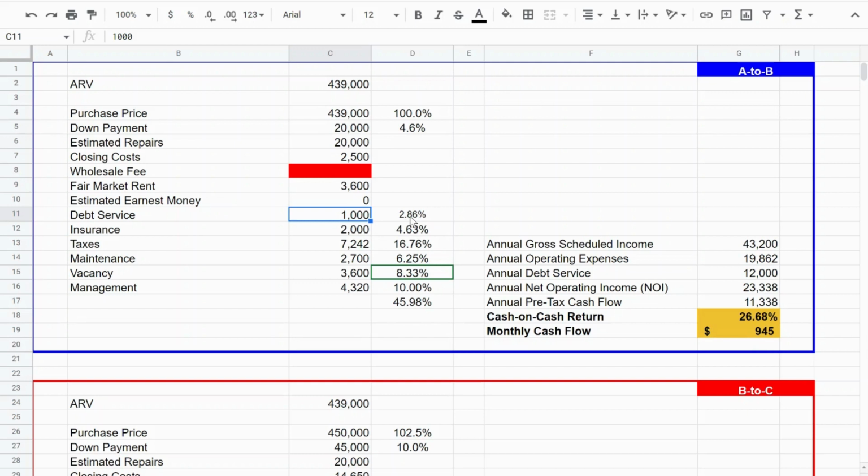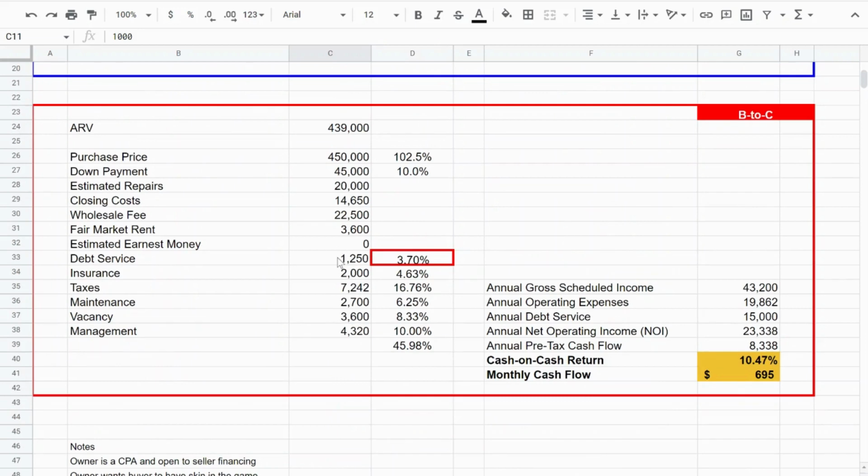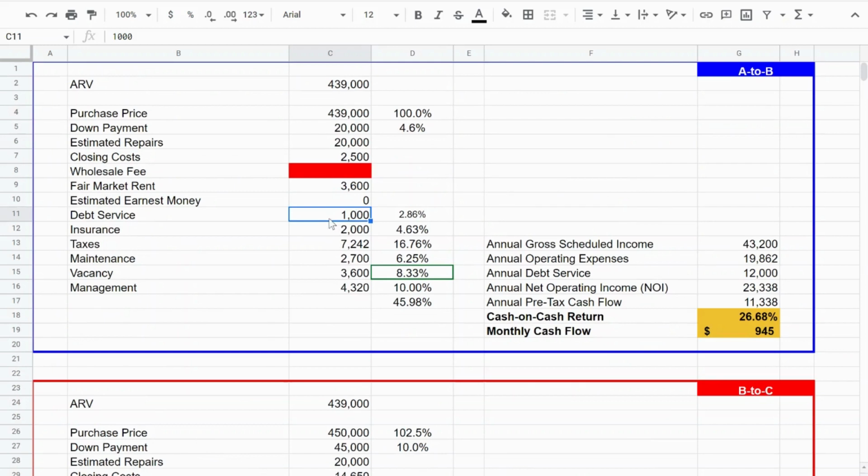What I have not discussed is how this $1,000 payment to the seller will be treated versus this $1,250. Let me just say this real fast, and then I'll end the video here. We can talk about this in more detail. When I'm arranging seller financing, I'm trying to set it up so that the payment I'm making to the seller is pure principal, so that this $1,000 payment reduces the principal by $1,000.